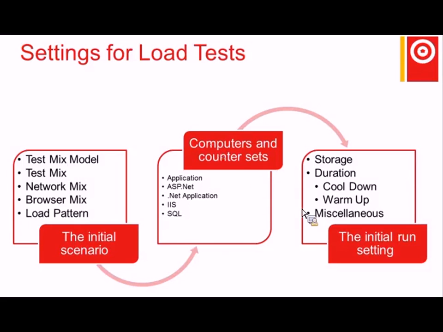What we can also set is our initial run settings. What our initial run settings allow us to specify is what kind of storage we're going to be running. So we can specify whether we're going to store our results or not. We could just take the runtime snapshot for our load test results, in which case it won't go into the SQL repository at all.